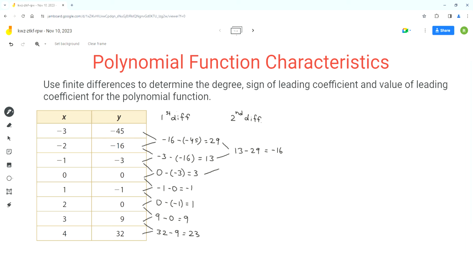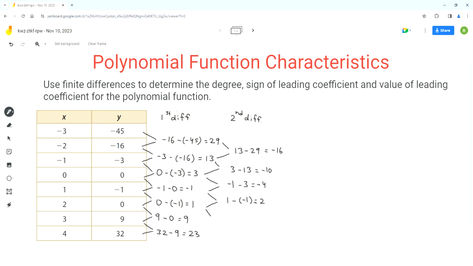And then we'll do 3 minus 13, which is equal to negative 10. And then we'll do negative 1 minus 3, which is equal to negative 4. And then we'll do 1 minus negative 1, which is equal to 2.